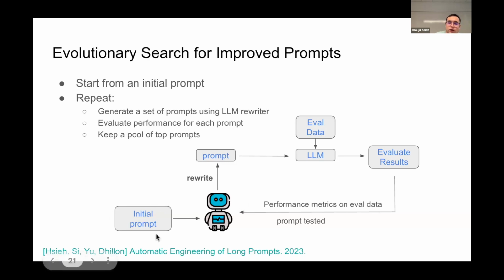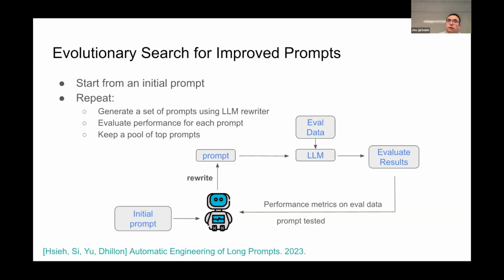With the initial prompt, we try to generate a pool of candidates. We can ask the LLM to randomly rewrite a sentence in a prompt, or randomly summarize or rewrite, or do anything you want to edit the prompt, and then you can generate a pool of prompt candidates and evaluate them on the evaluation data.